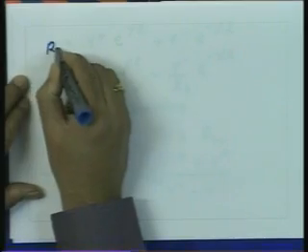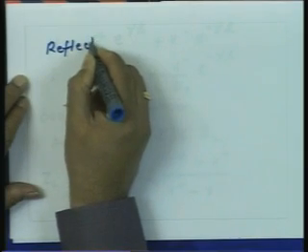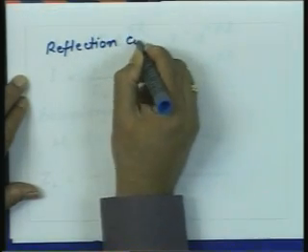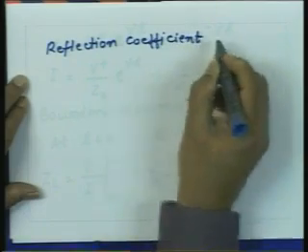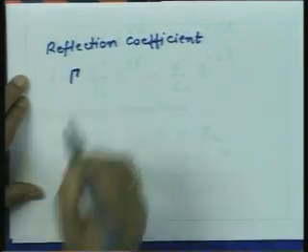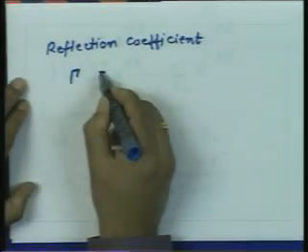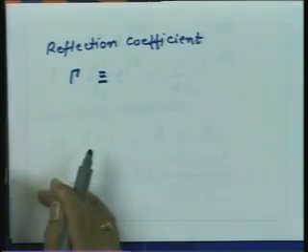So, let us say I define a parameter, the reflection coefficient, denoted by gamma, and this is defined as the ratio of the backward wave to the forward wave.